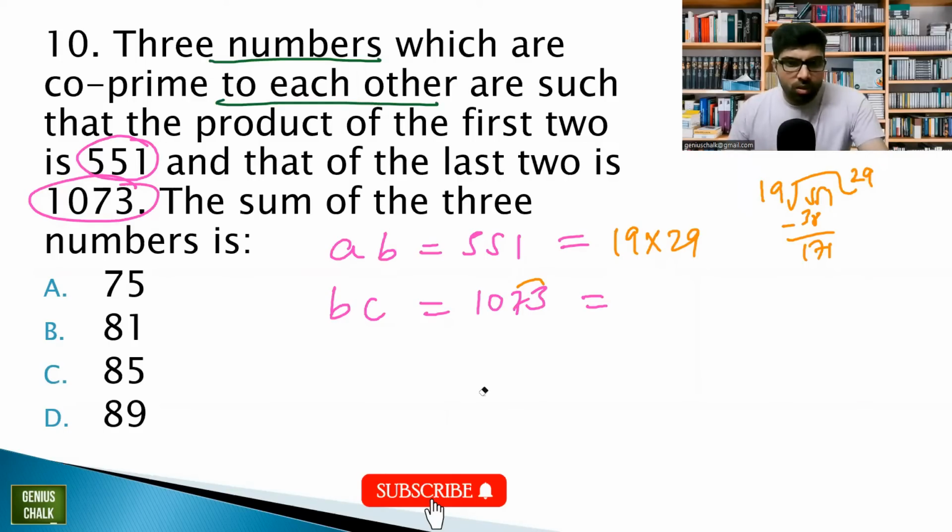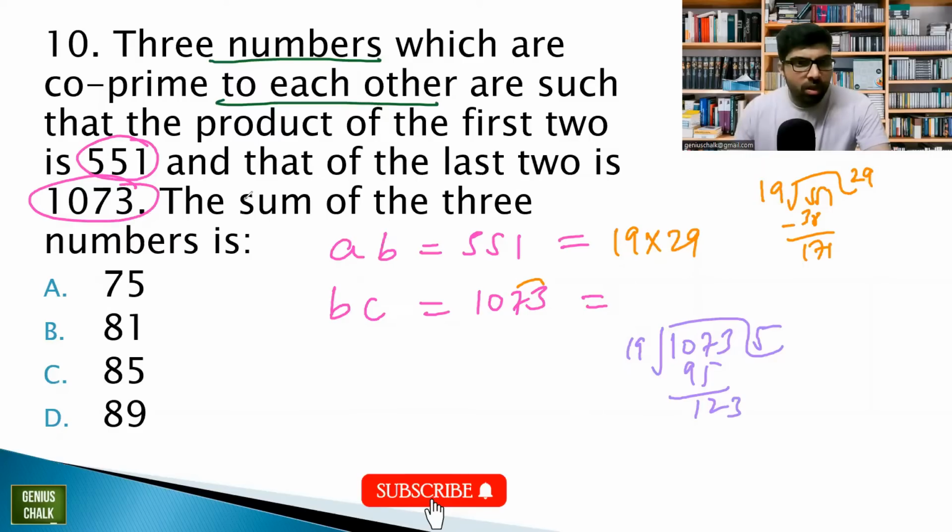If it is not by 19, it must cancel by 29. See, with 19 the problem is 95, then 2, then 1. It does not cancel. Let's check by 29. Fine.